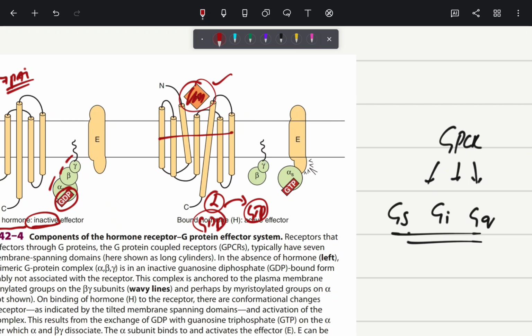Okay, and during this step, the alpha subunit will get separated from the beta and the gamma subunit, and it will go and attach to the adenylyl cyclase. And during that step, the phosphate from the GTP is going to get utilized by the adenylyl cyclase, and it is converted into cyclic AMP and protein kinase A, and finally phosphorylation of the proteins. So that was about the G protein coupled receptors introduction.